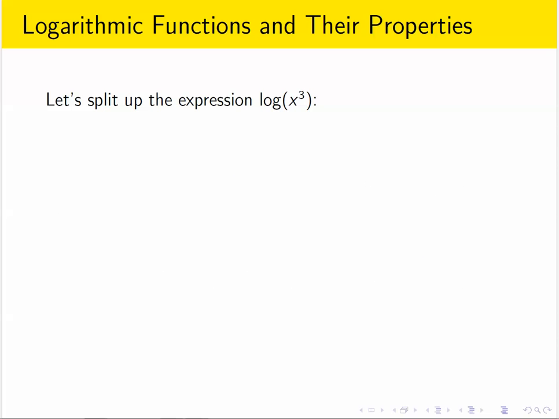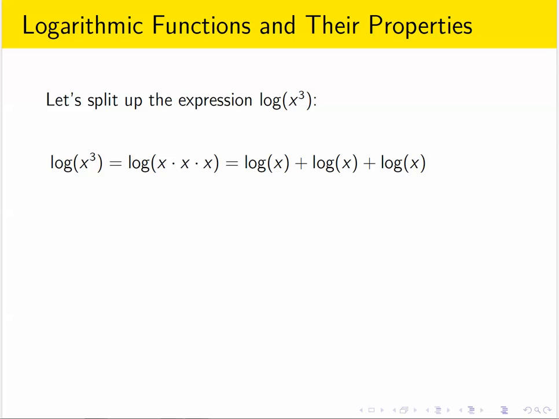We can also split up an expression using the property for multiplication inside. Take a look at x cubed. X cubed is really the same thing as x times x times x. So we're multiplying those quantities together inside of the logarithm, and our first property tells us we can split that up into a sum of each logarithm taken separately.